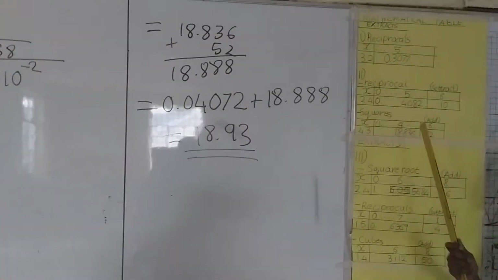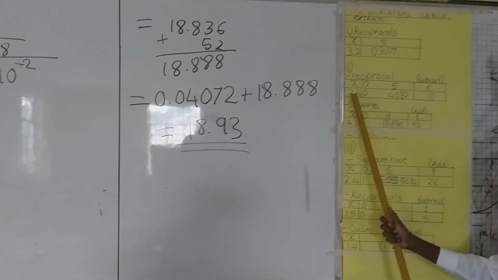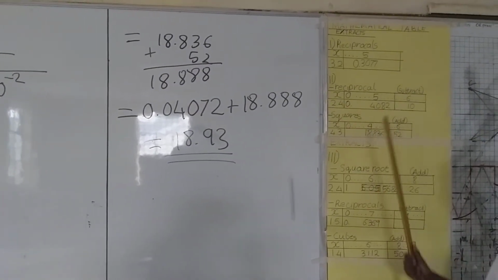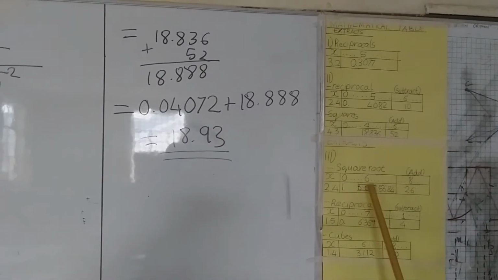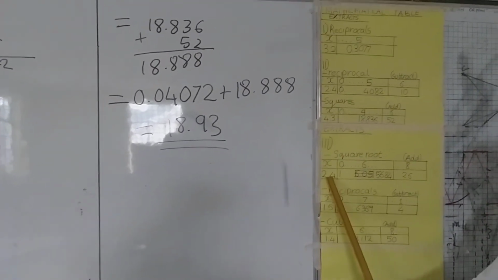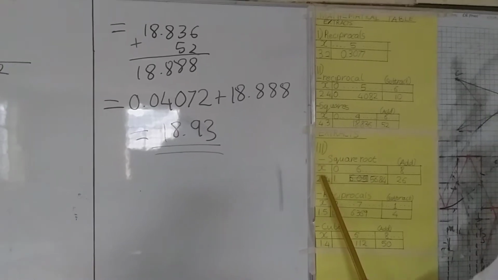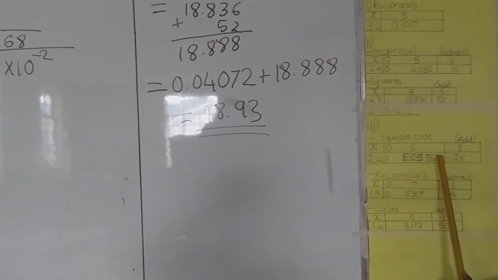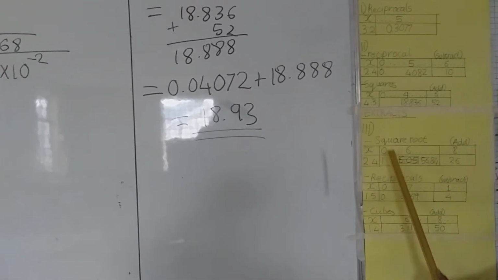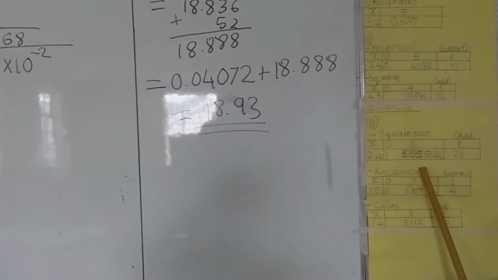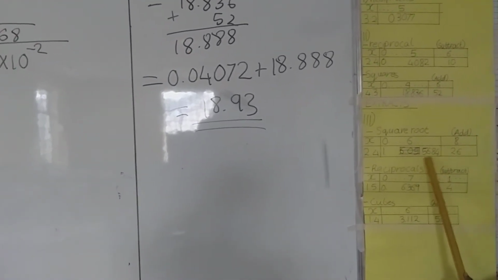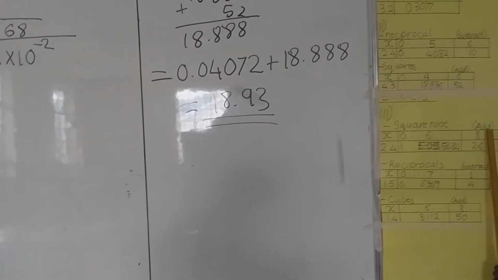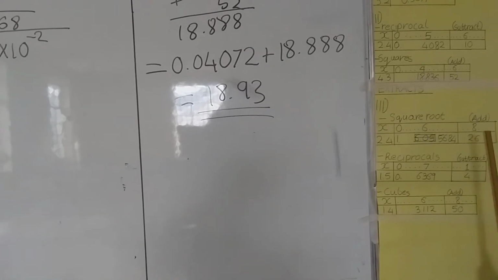To go to our extract, we have the square root of 2.4, where we have 2.4 on the x column. We go to 6 on the main column, where we have 1.5684. On the add column, where we have our 8, which is 26.